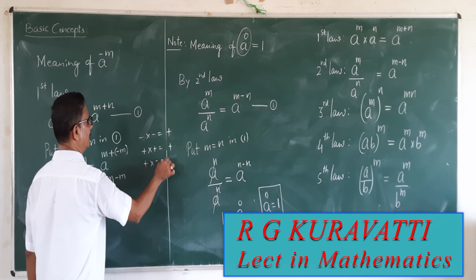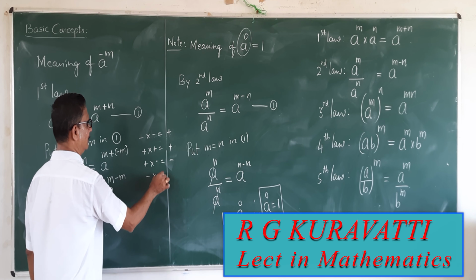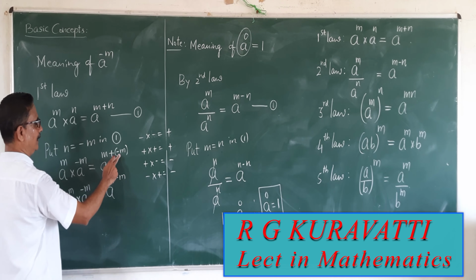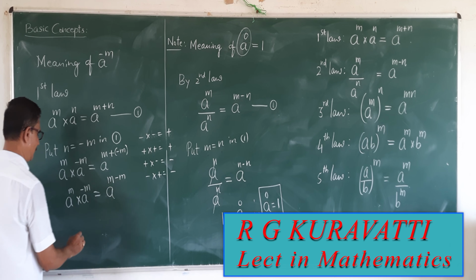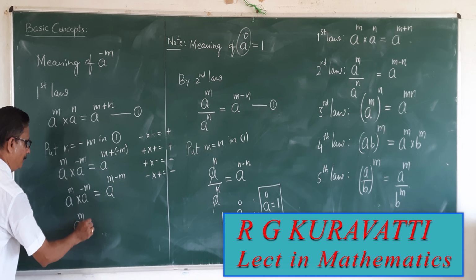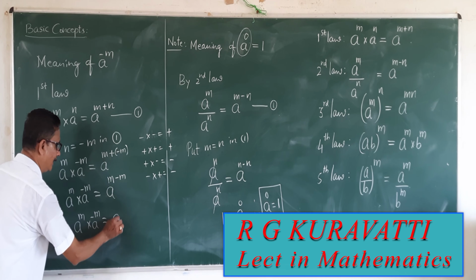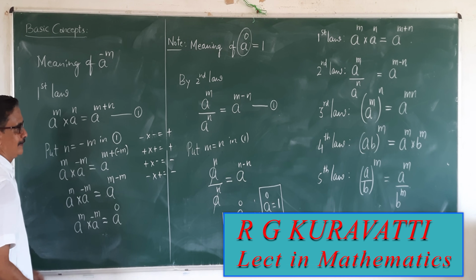Plus into minus is equal to minus; plus into plus is plus, minus into plus is minus, minus into minus is plus. So a power m into a power minus m is equal to a power m minus m, which is 0.